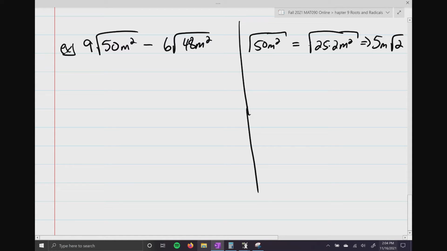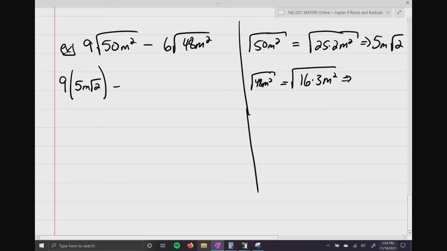So this is going to be 9 times 5m square root of 2 minus 6 times the square root of 48 m squared. Well, we did this one earlier, so it's going to be 16 times 3 m to the second, which is going to reduce down into 4m times the square root of 3.